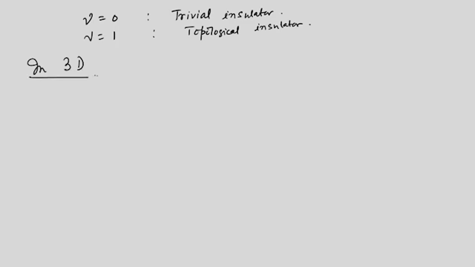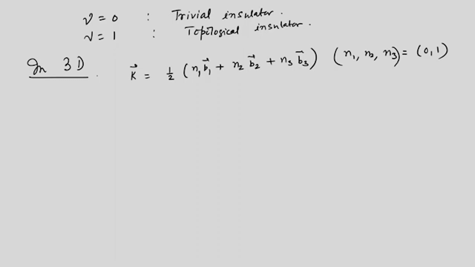So, in 3D we have this wave vector written as n1 b1 plus n2 b2 plus n3 b3, where n1, n2, n3 are 0 and 1. So, you can have just b1 when the other two are 0, b2 when n1 and n3 are 0, or just b3 when n1 and n2 are 0, and so on.